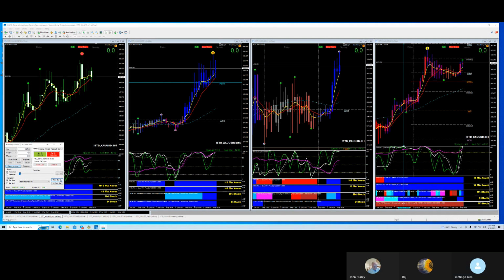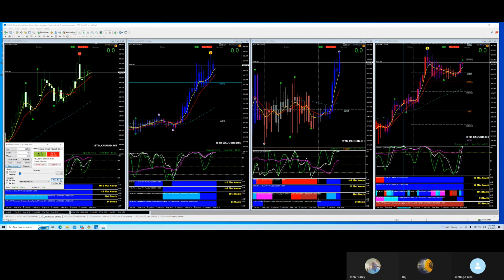Didn't follow through. So at this point, you had 1, 2, 3 pushes up that didn't go anywhere. Right? You had one more push up that broke and came back, didn't go anywhere, and it's already starting to turn.